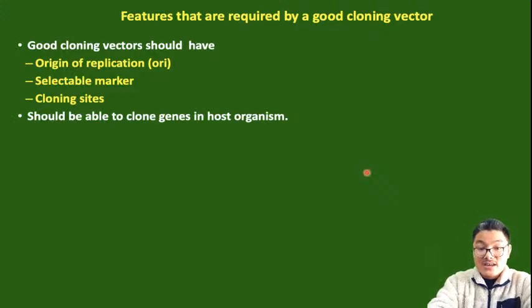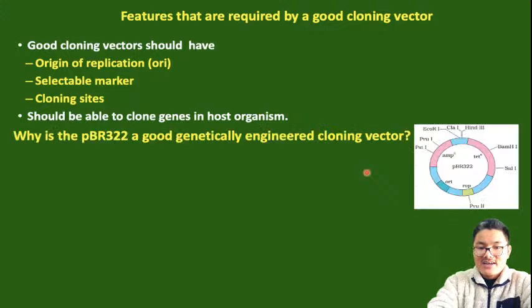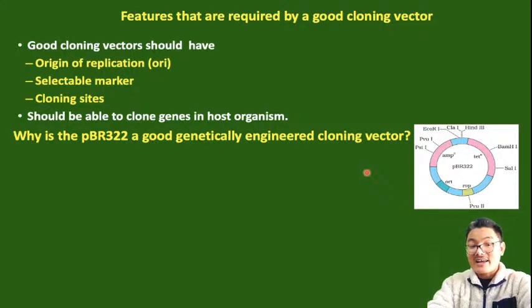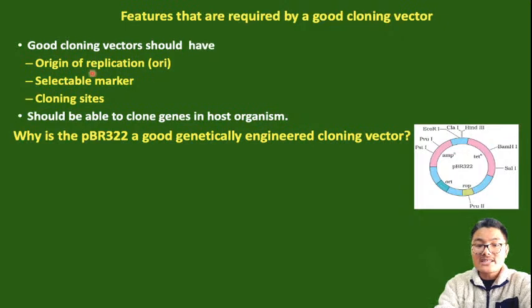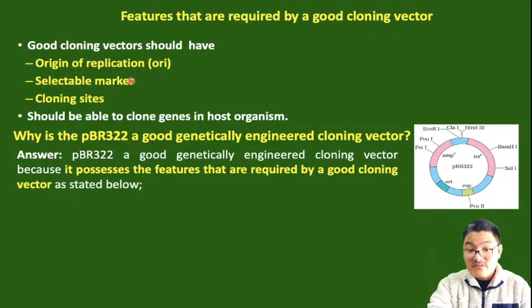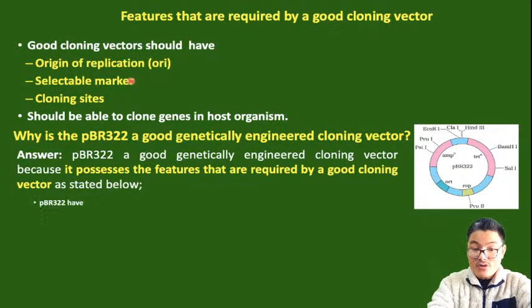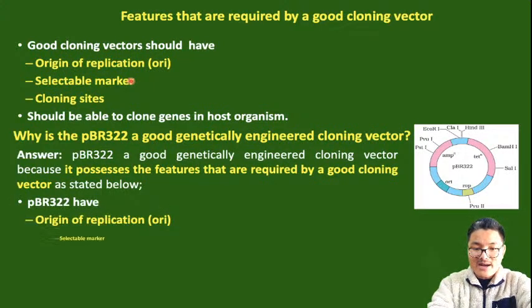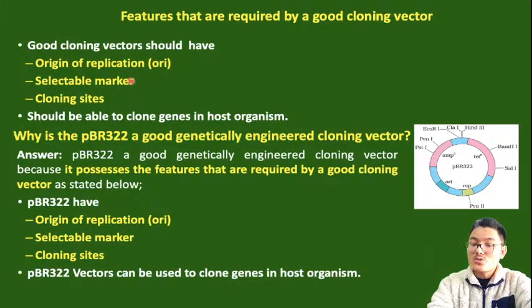Suppose you are asked why pBR322 is a good genetically engineered cloning vector, we can say that it has all these different features of a good cloning vector: origin of replication, selectable marker, cloning site, and it is able to replicate itself in the host cell.